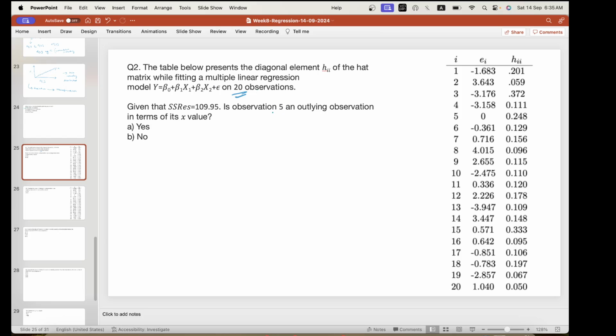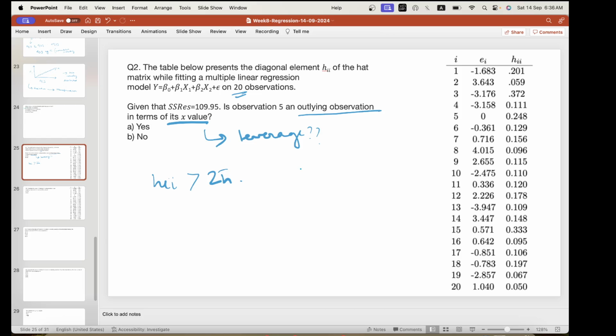This is actually asking whether it is a leverage point or not. To test for leverage points, we have to see if hii is greater than 2 h bar.